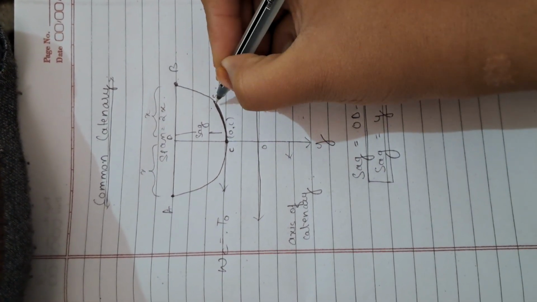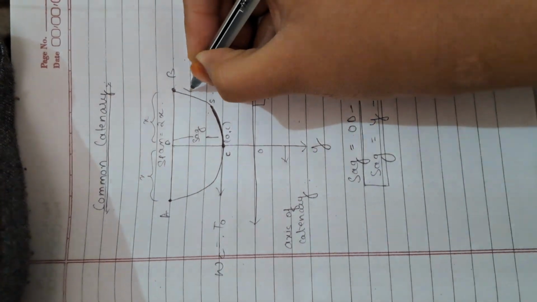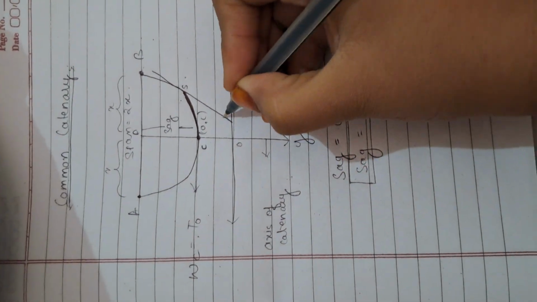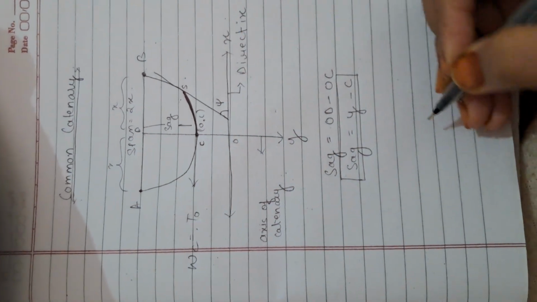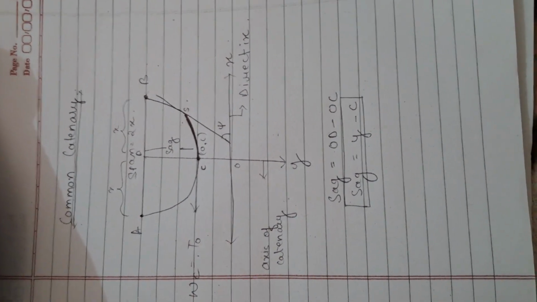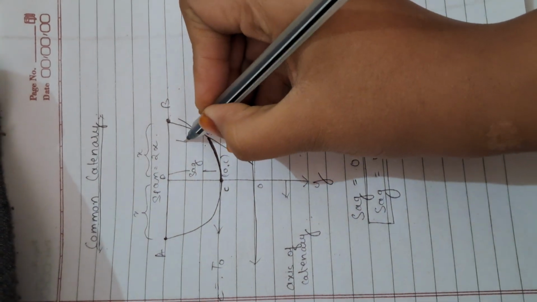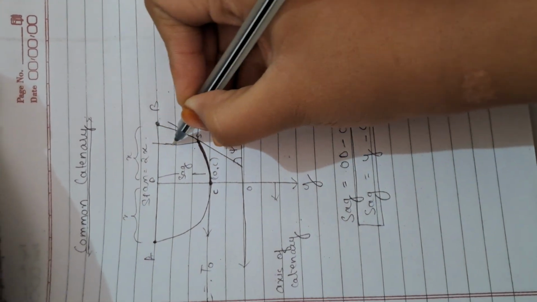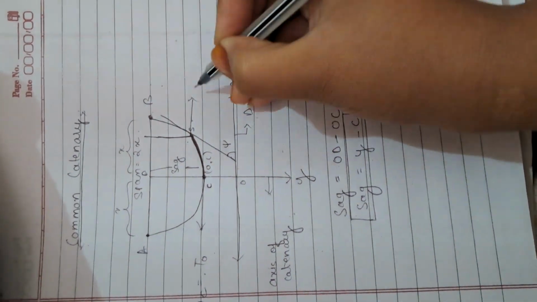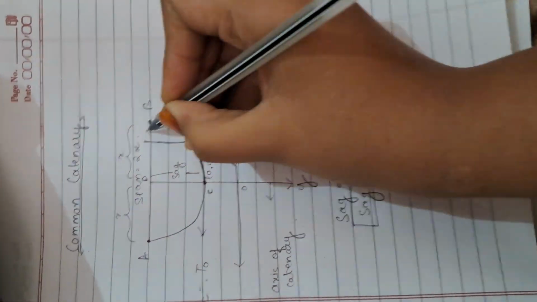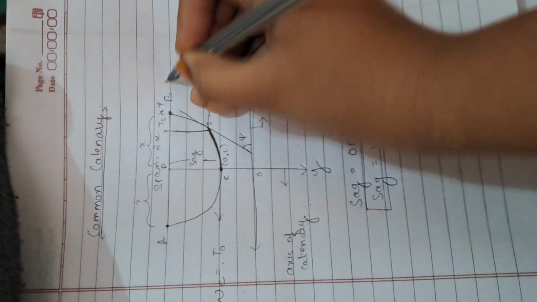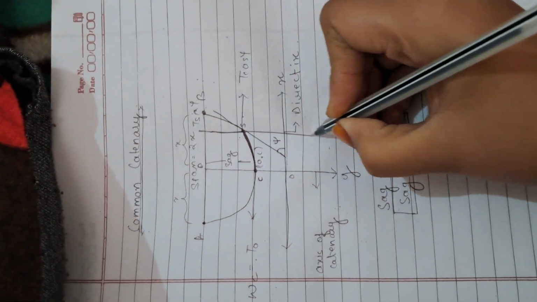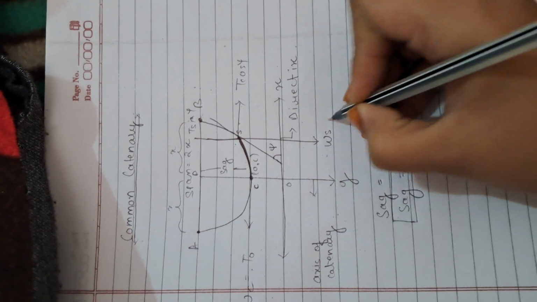I am drawing a tangent through this at angle psi, and if we divide it into two components, these will be T cos psi and T sin psi. And weight WS is acting here.